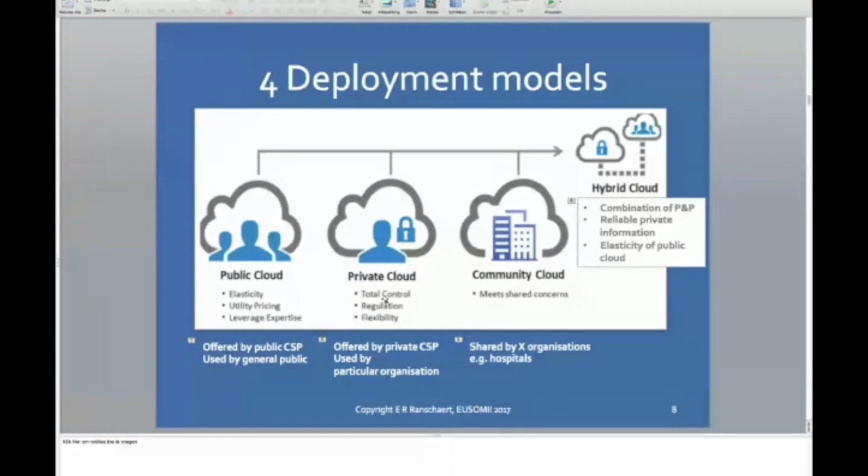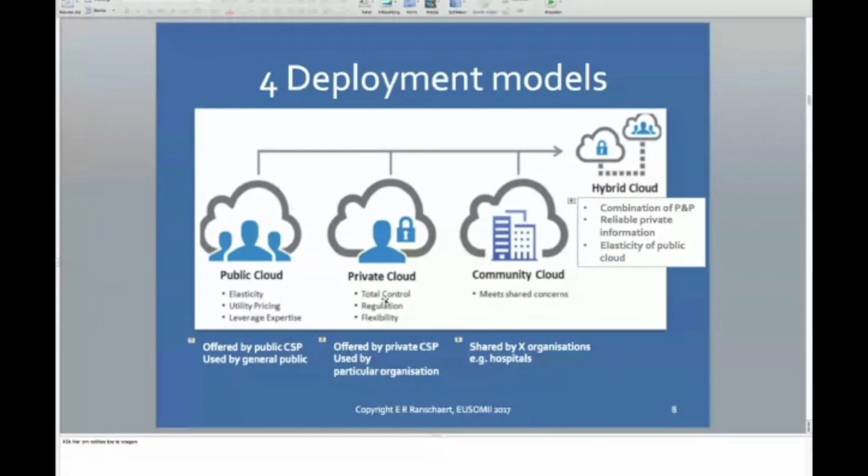Then we also have a private cloud, and the private cloud is completely secured. It's totally under the control of the owner or the one who uses it, and it's offered by private cloud service providers. It's used, for example, by one hospital.